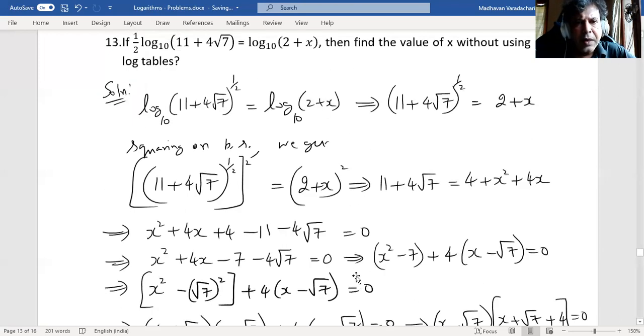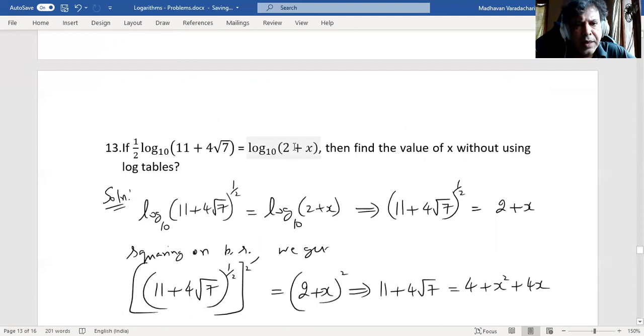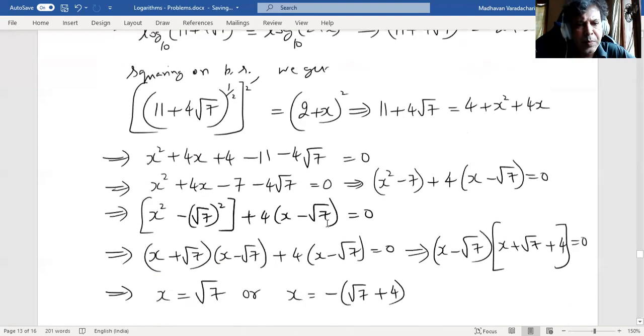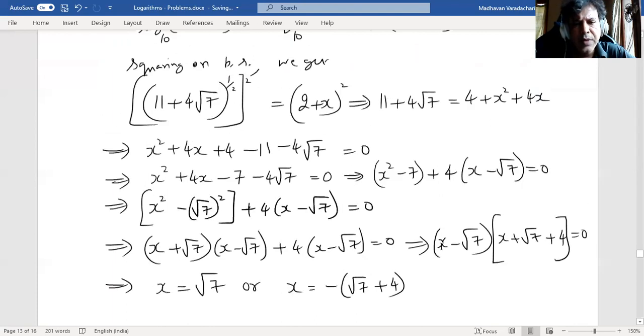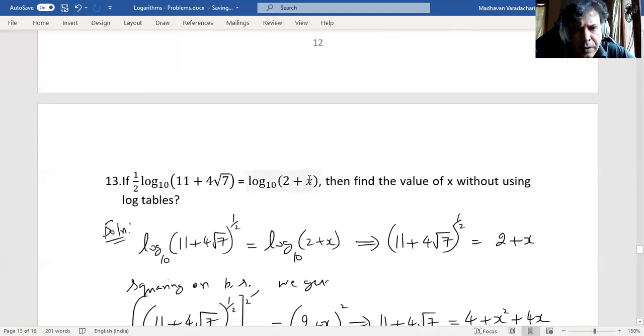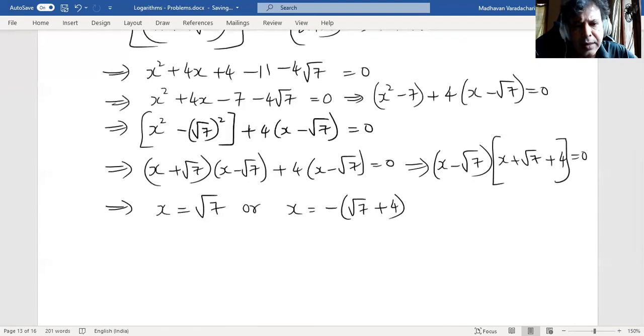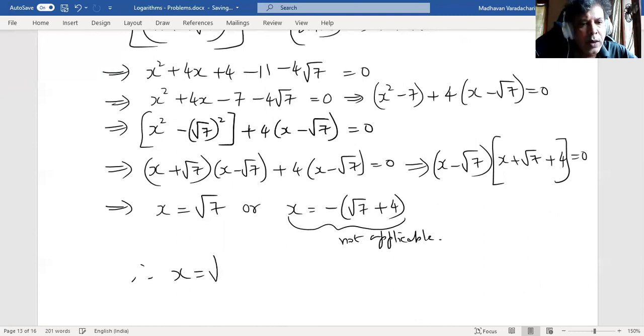So with root 7, 2 plus root 7 is a positive number, so the logarithm is possible. Whereas if I substitute the negative root 7 minus 4, the whole thing becomes negative. So I have to declare this as not applicable. Therefore, x equal to root 7 is the solution.